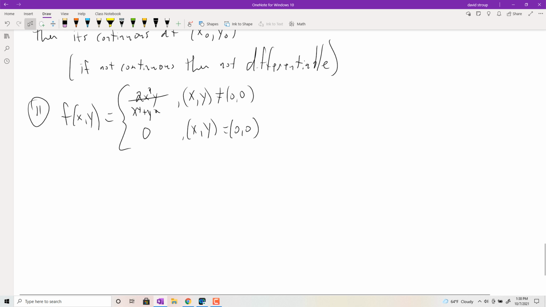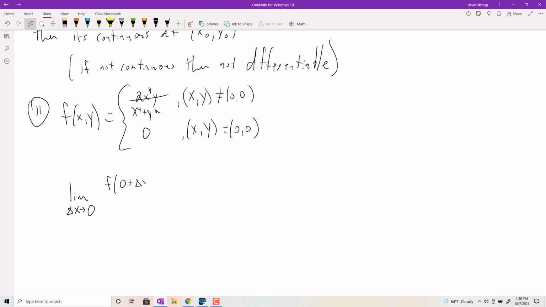So first, the limit as change in x goes to 0 of f of (0 plus change in x, comma, 0) minus f of (0, 0), all over change in x.